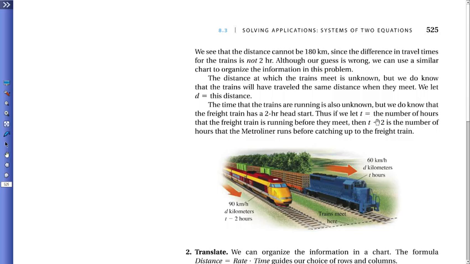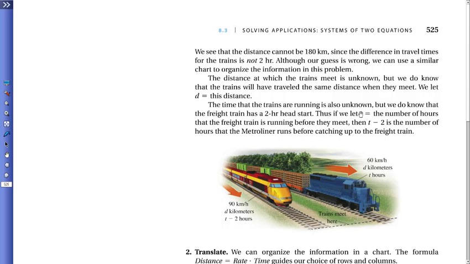So once the freight train starts, time is ticking. The Metroliner is waiting, right? If the train goes for 2 hours, that's when the Metroliner starts moving. There's a difference of 2 hours between those.